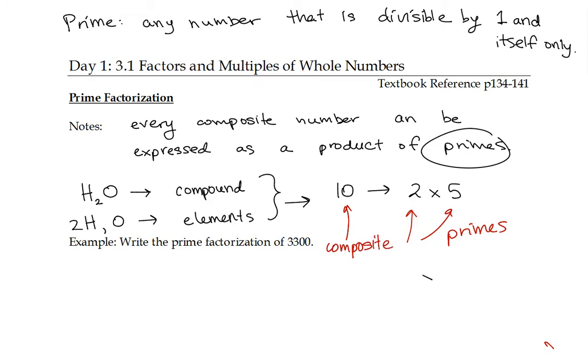So just think of it the way you'd think of H2O as being the compound made up of the elements. You can't get any lower than the elements on the periodic table. Just like you can't get any lower than primes when you break down composite numbers. So 10 is like the compound, the 2 and the 5 are like the elements. Do you guys feel okay about that?